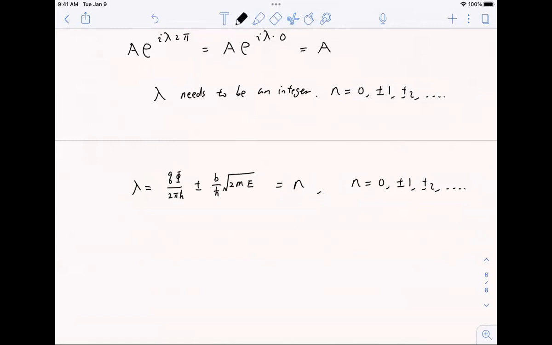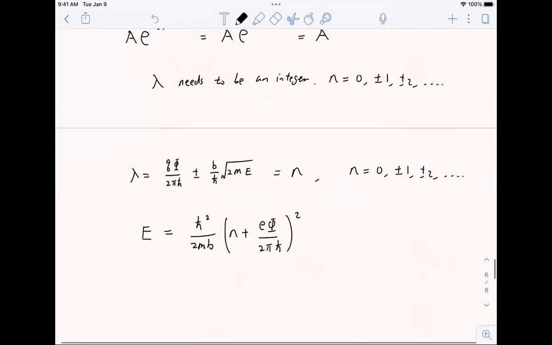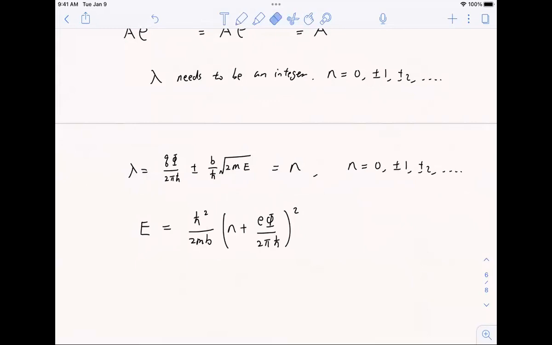Okay, so we just reverse it. You reverse it, then you get the energy will be equal to, I just write out the result then. I mean, you reverse this, you get this answer. Plus e over 2m h bar square. I mean, it should be negative q.